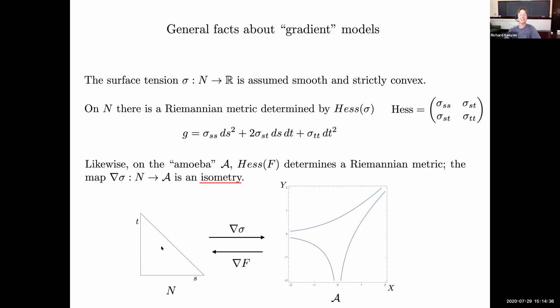This is an isometry between the metric space here and the metric space there. That's what this statement says. On the amoeba is the image over here. The Hessian of f also determines a Riemannian metric, but the map going between the two is just an isometry. So you can think of them as the same metric space.